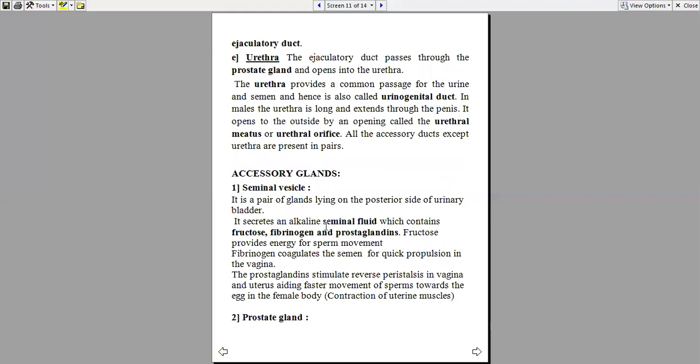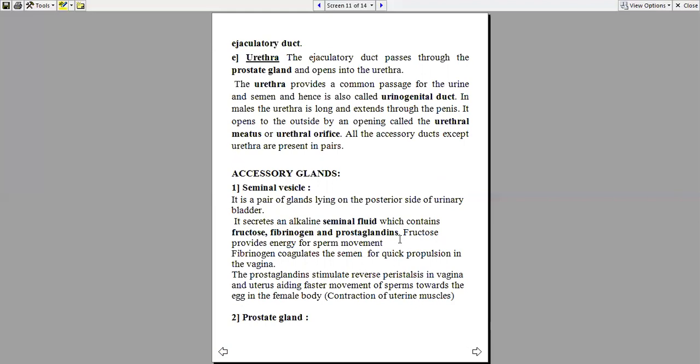It secretes an alkaline seminal fluid, which contains fructose, fibrinogen and prostaglandin. These are the three chemicals present in the seminal fluid, and they are very important.